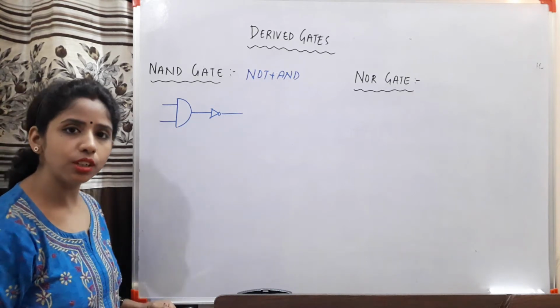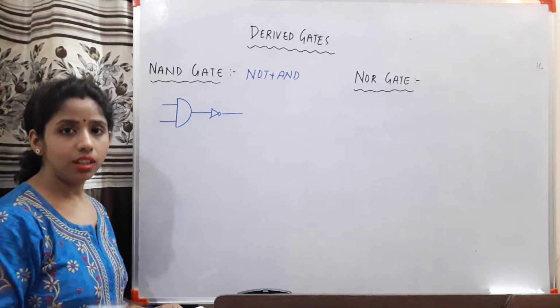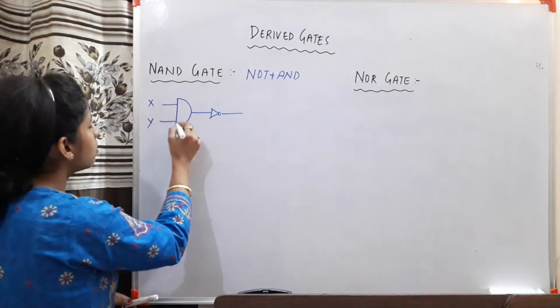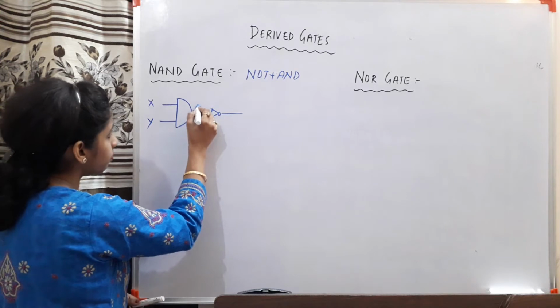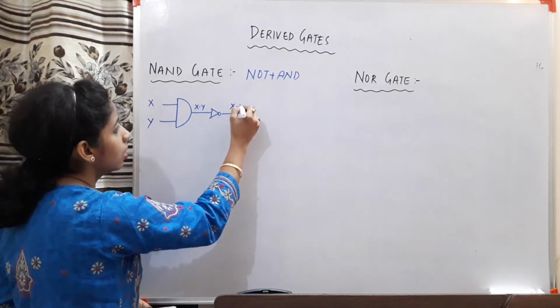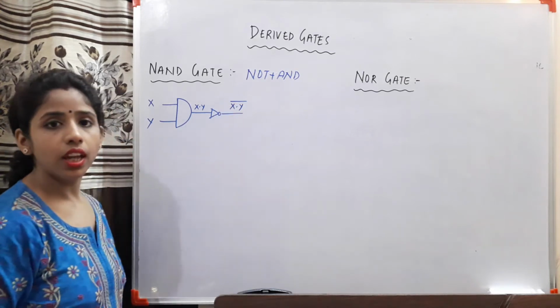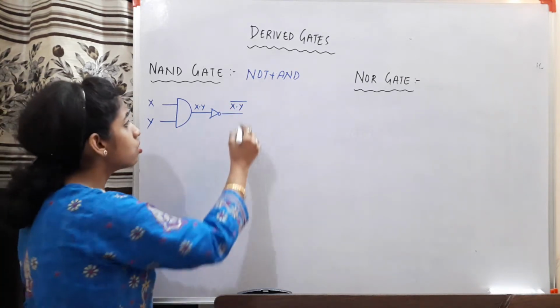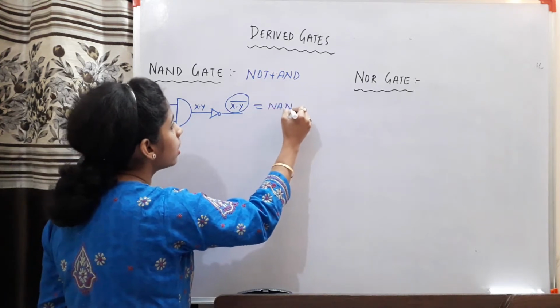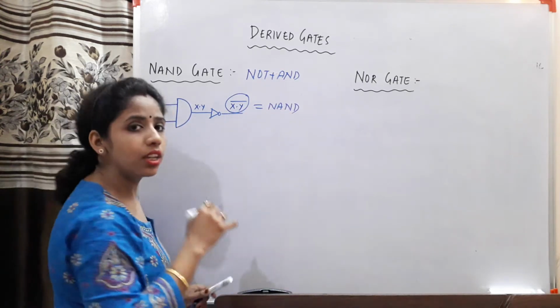You can provide more than two inputs, but two inputs are mandatory. If I give the input as X and Y, then the AND gate will make it X dot Y, and NOT will give it as X dot Y whole bar. So this is the final expression of a NAND gate. A NAND gate means X dot Y whole bar.